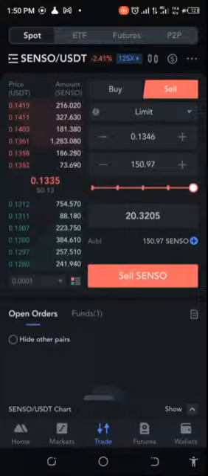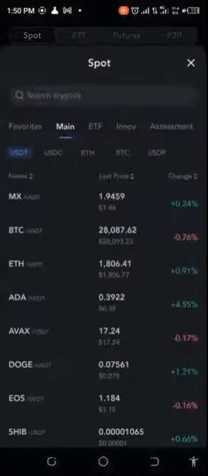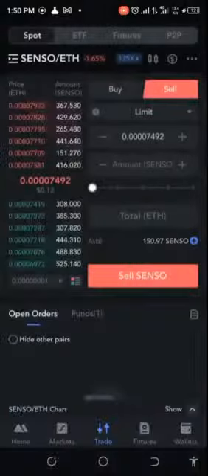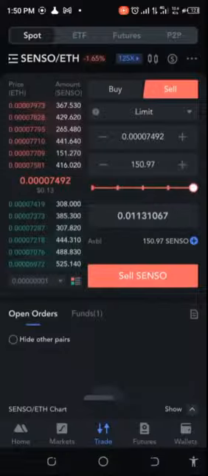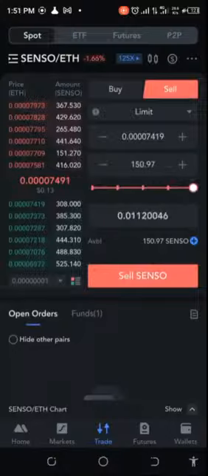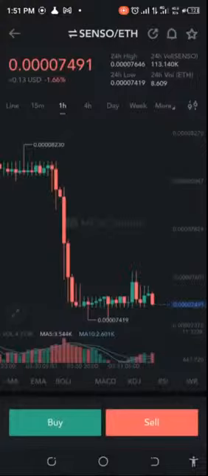But what I'm seeing here is that if we sell back to Senso ETH, which looks like it's climbing, we might likely get more. Oh no, not at all, because this amount wouldn't give us that much. We're definitely not going to get much from here. Nah. It was initially higher because I saw that it had a good spike, and then all of a sudden, now it's coming down.